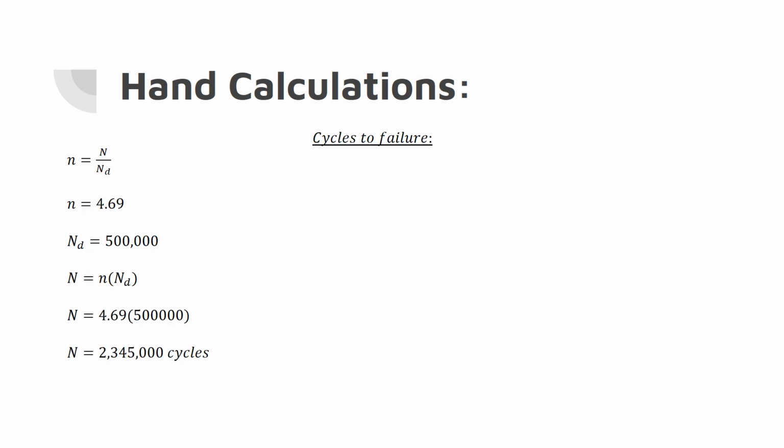Okay, after that, now knowing our factor of safety, which is 4.69, and given our design life of being able to perform for at least 500,000 cycles, we're able to determine our actual cycles till failure for fatigue, which we ended up getting as 2,345,000 cycles, which is well above the minimum requirement.